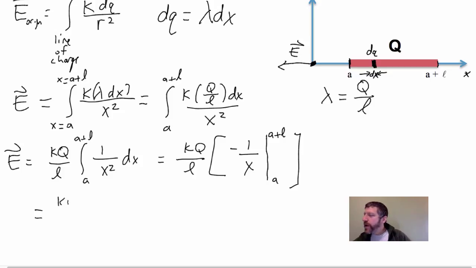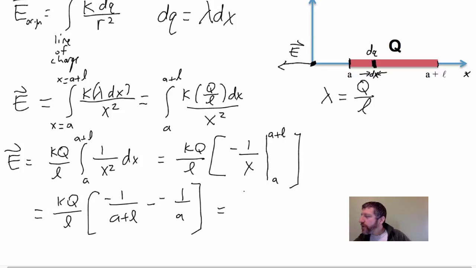That becomes kq over L times, you do final minus initial, so that'll be negative 1 over a plus L, minus negative 1 over a. When you're all done, kq over L times negative 1 over a plus L plus 1 over a.